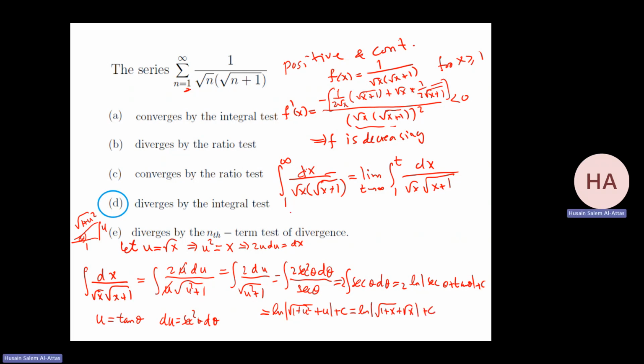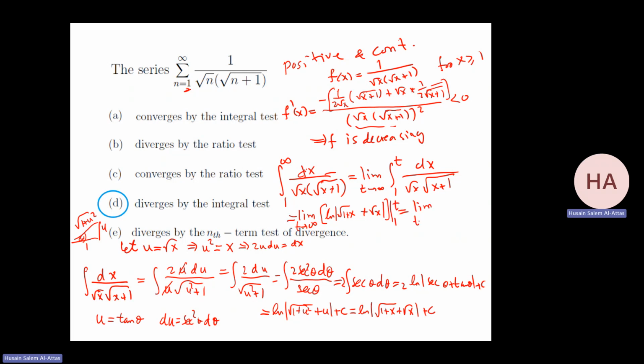So that will be the limit as t goes to infinity of ln of 1 plus square root of x plus square root of x. No, it is square root of 1 plus x, from 1 to t.